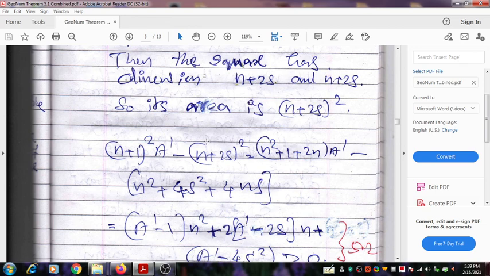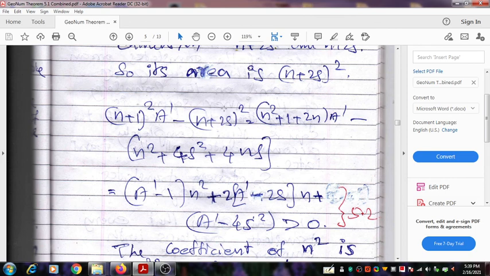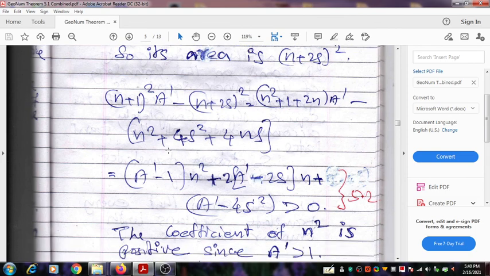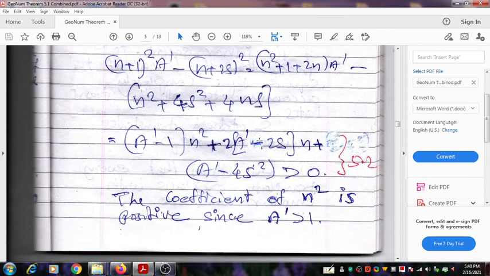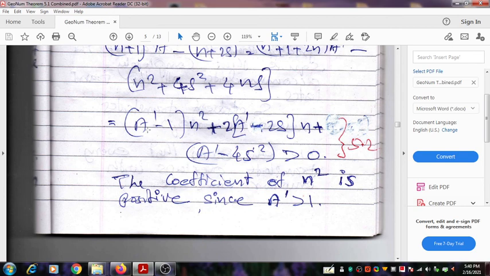Expanding and simplifying, you get a prime minus 1 into n square plus 2 into a prime minus 2s into n plus a prime minus 4s square.